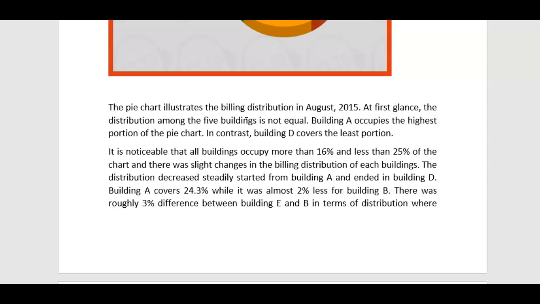So any word describing action or motion or change is inaccurate. What you're looking at instead is not really change, but variation. So there were variations in the billing distribution, or there were differences. That would have been a great word. There were slight differences in the billing distribution among the buildings.